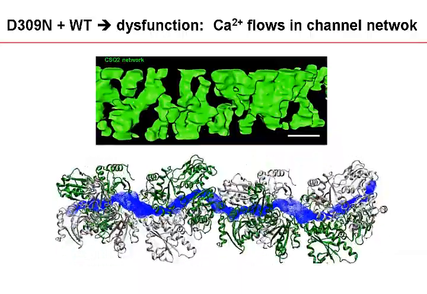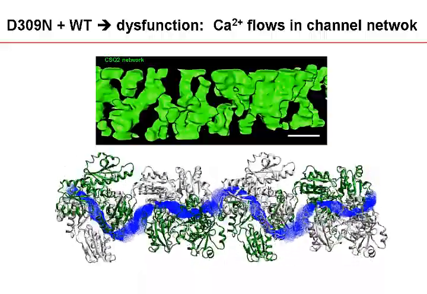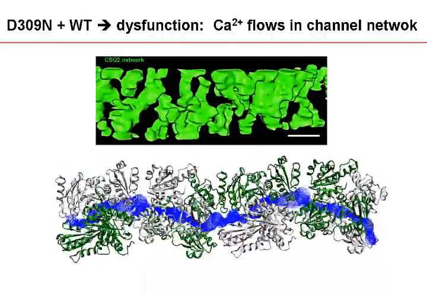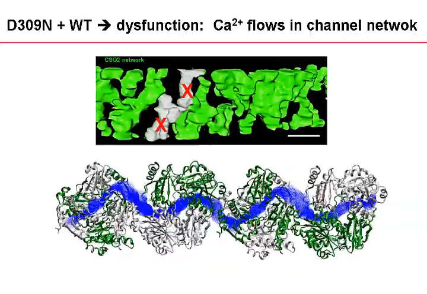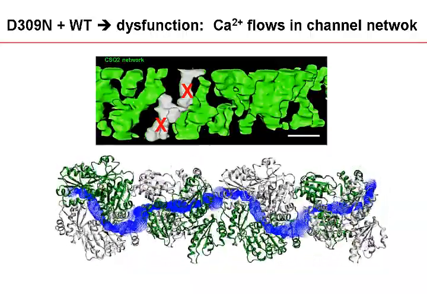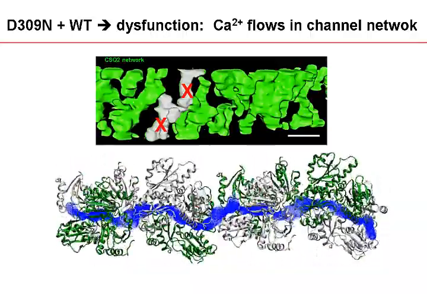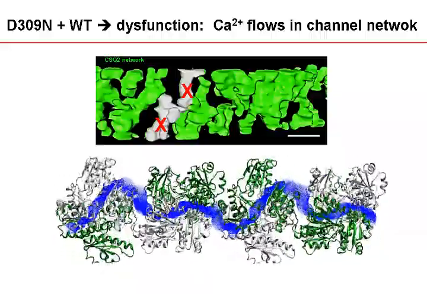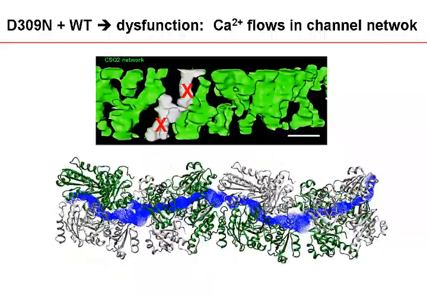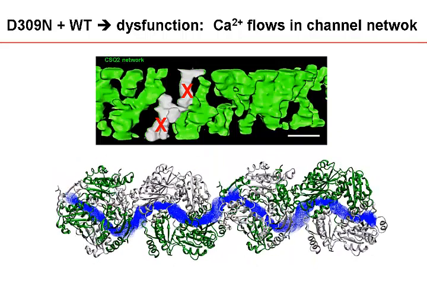The interconnection of CSQ2 channels explained why a mixture of wild-type and mutant CSQ2 channels paralyzed the CSQ2 function, and why some of the CSQ2 mutations exhibited dominant genetics in causing CPVT.